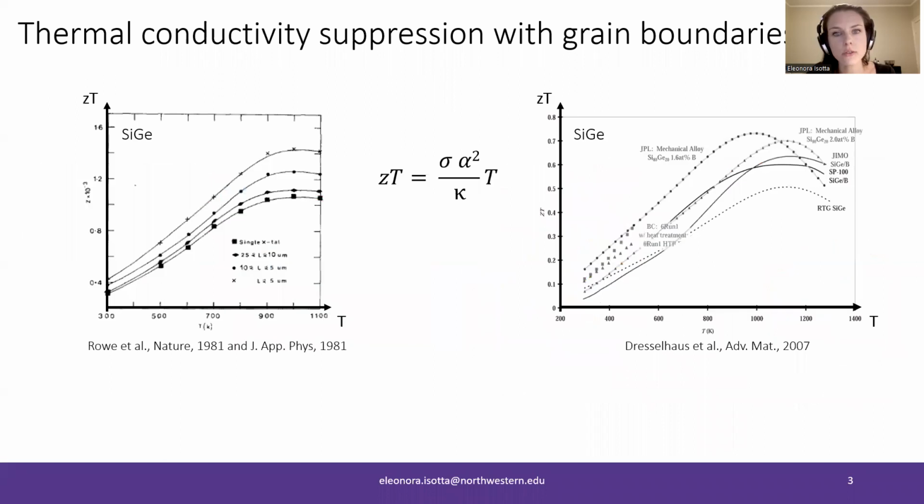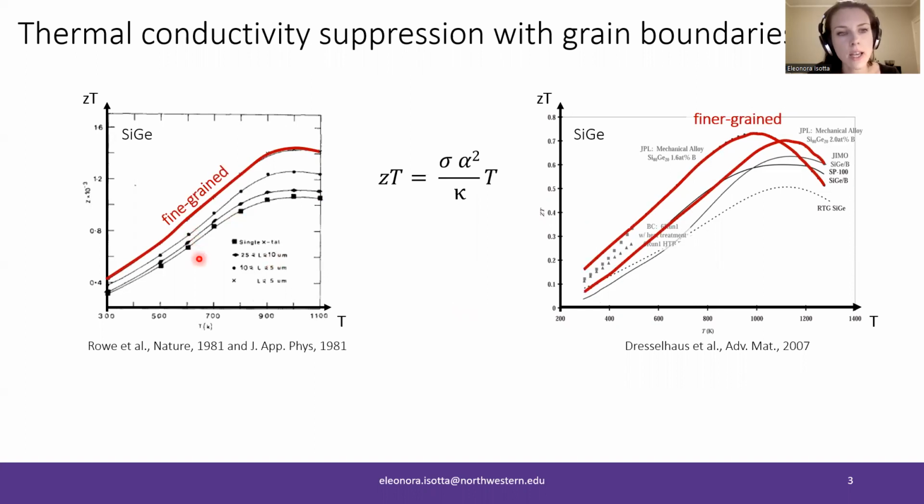So for this reason, grain boundaries were one of the earlier strategies proposed in thermoelectrics to suppress the thermal conductivity, which can overall lead to an enhancement of the figure of merit ZT. For example, these are two very famous works in our field where they have shown in silicon germanium that introducing a finer grain size was overall conducive to a higher ZT as compared to single crystals or bulk materials with an overall higher grain size.